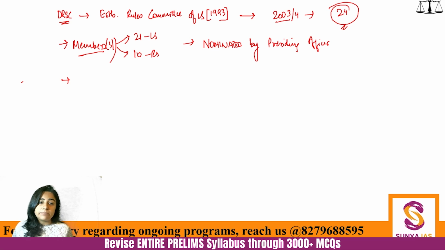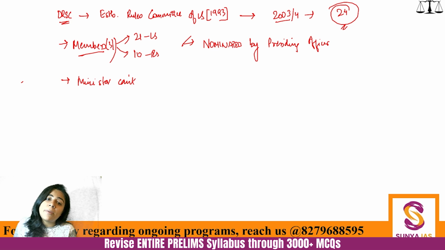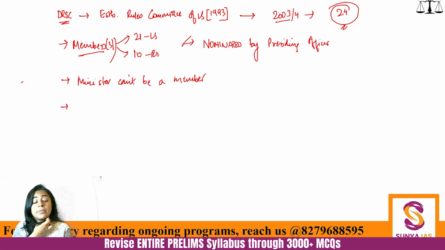I hope you understand. Even in these department related standing committees, a minister can't be a member. A minister can't be a member because he or she is a part of the government itself, and these committees are entrusted to critically examine the government expenditure and everything. I hope this is very clear.